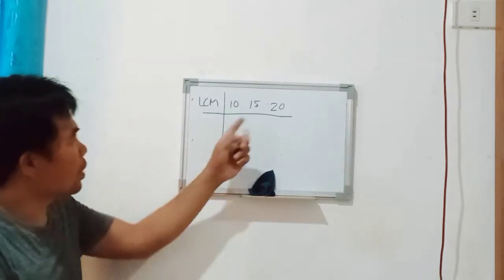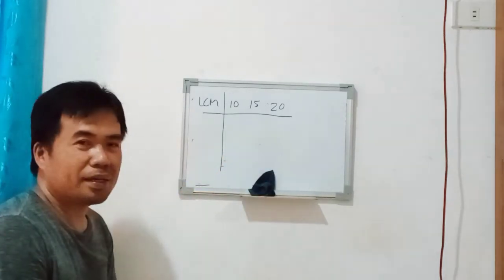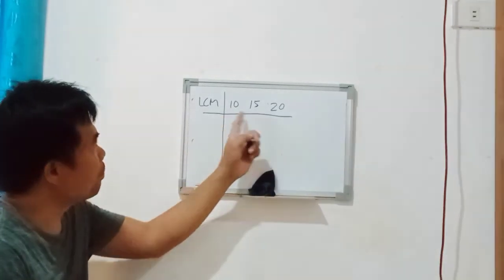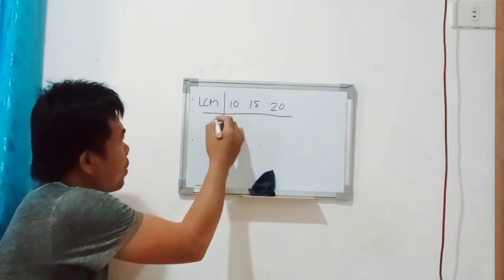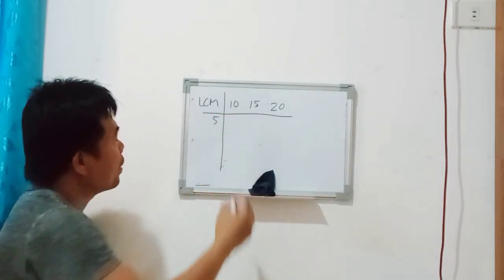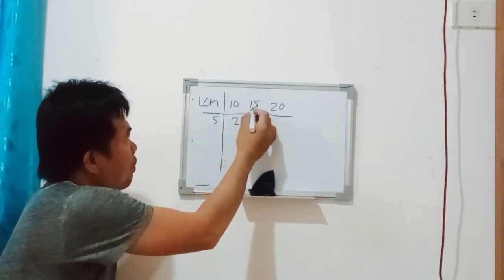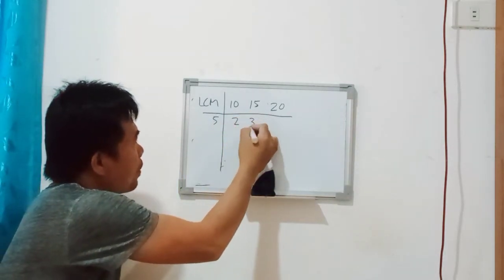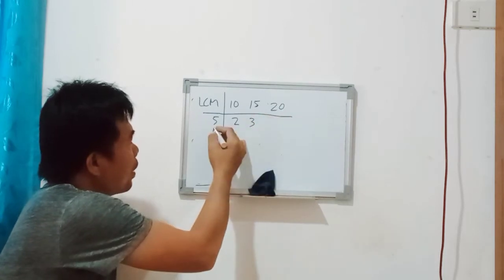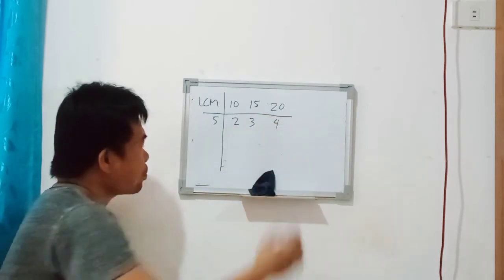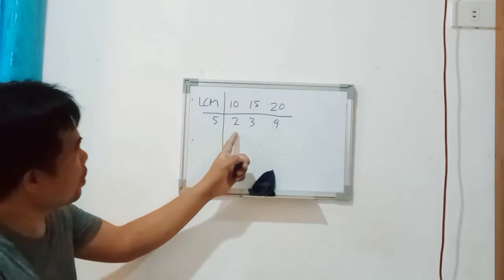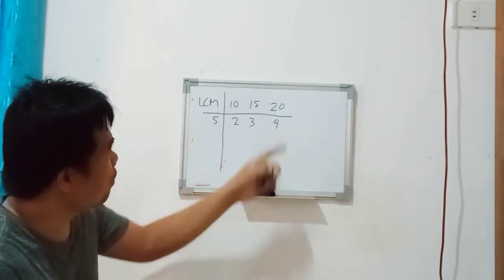This group of numbers can all be divided by 5, as you can observe. So therefore, our lowest prime factor is 5. 10 divided by 5 is 2. 15 divided by 5 is 3. 20 divided by 5 is 4. So the remaining numbers now are 2, 3, and 4.